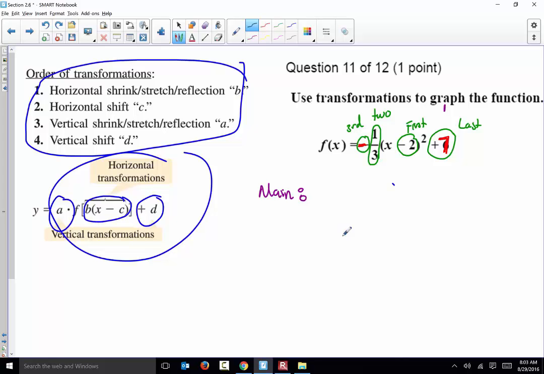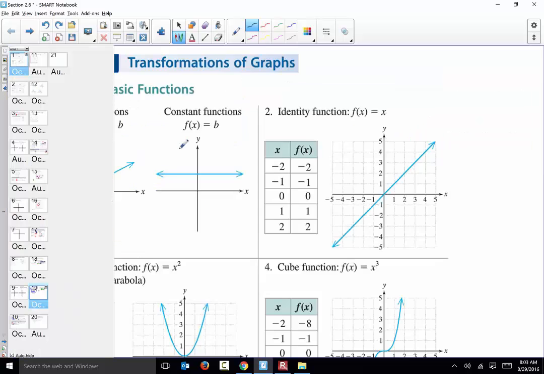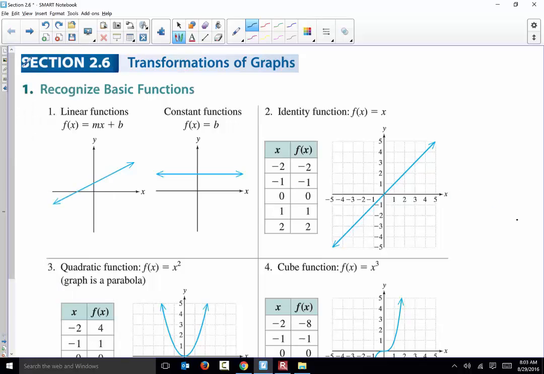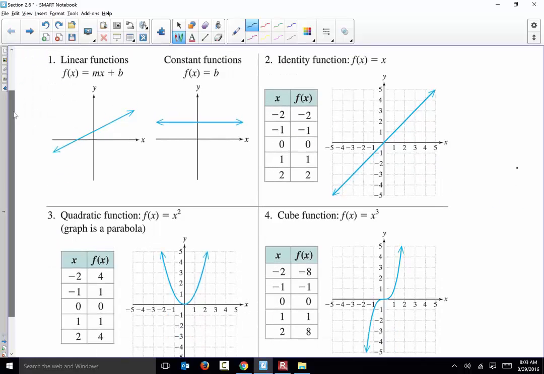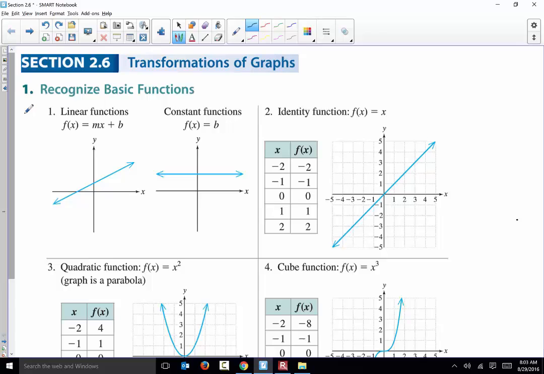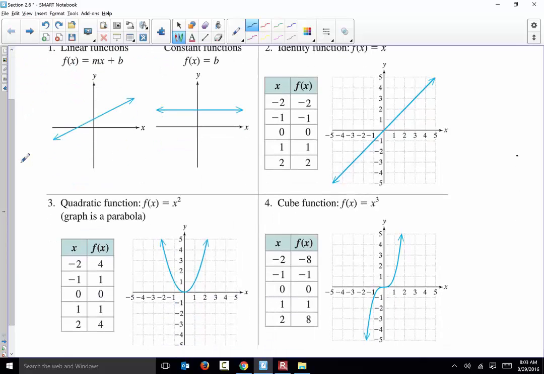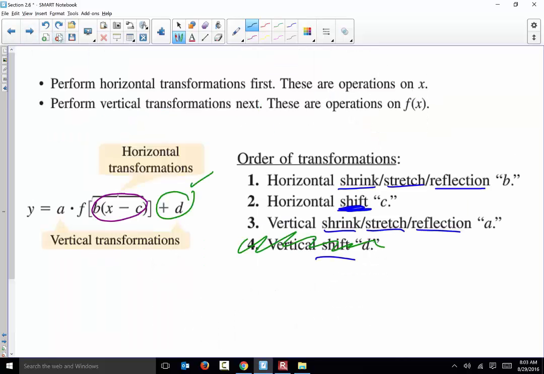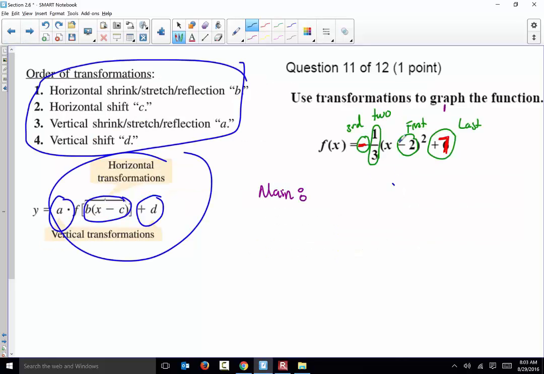What does this function look like? It looks like one of them. Which one? There are 8. Which one shall we transform? X squared. This function looks like just x squared, right?